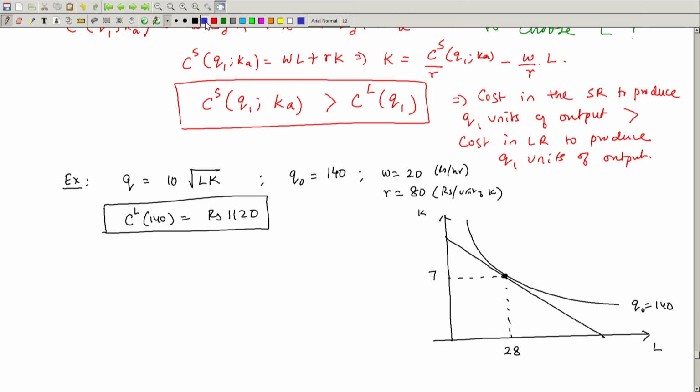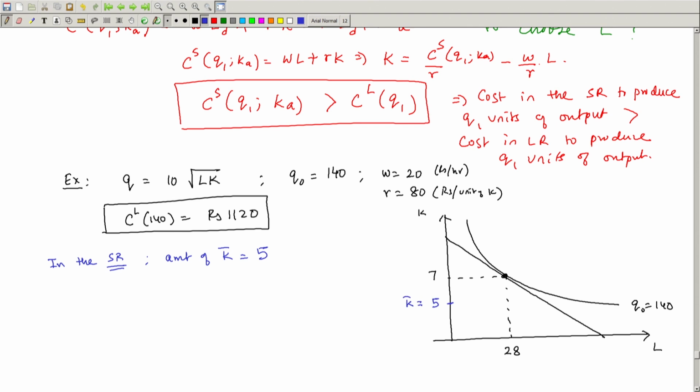Now suppose in the short run, the amount of capital is fixed at 5 units, right? So now you don't have a choice. The amount of capital that is available is only 5 units, okay? So where do I have the 5? It is here. So the K bar is equal to 5.